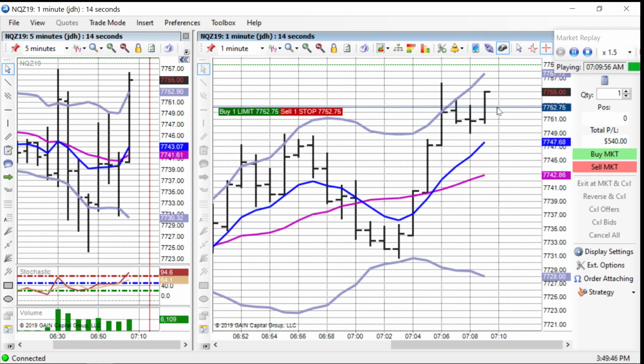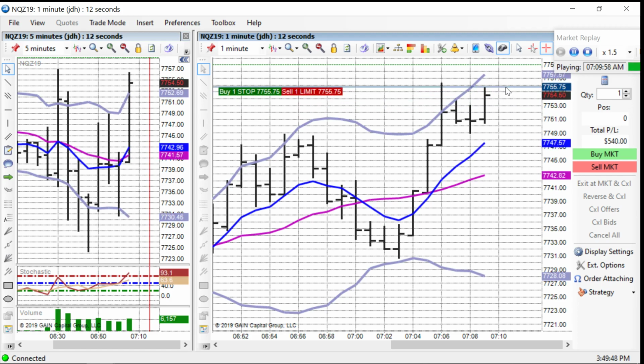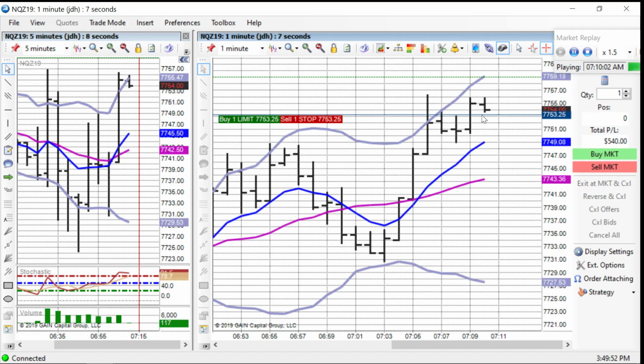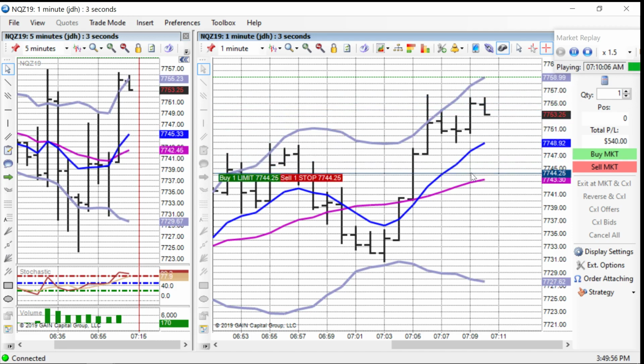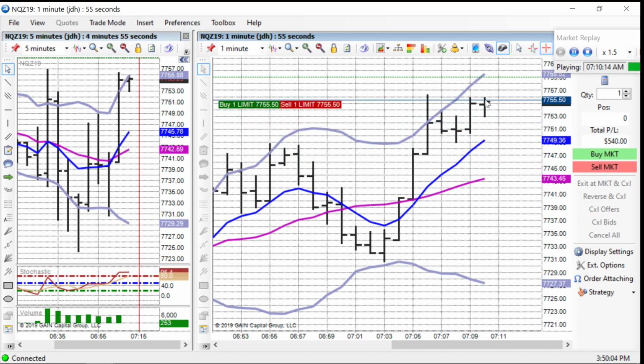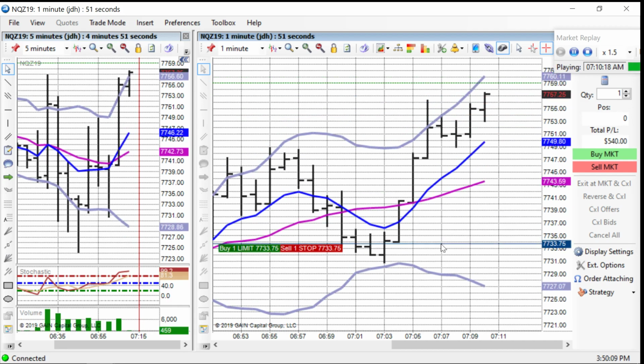So we're almost at 2 points. And so yeah, if I would have got in at that breakout, it looks like it's going to try to hit that target, but I want to see it come through this line right here. There we go.